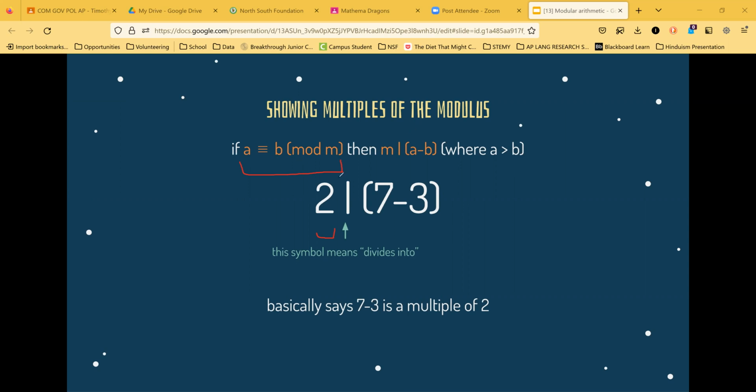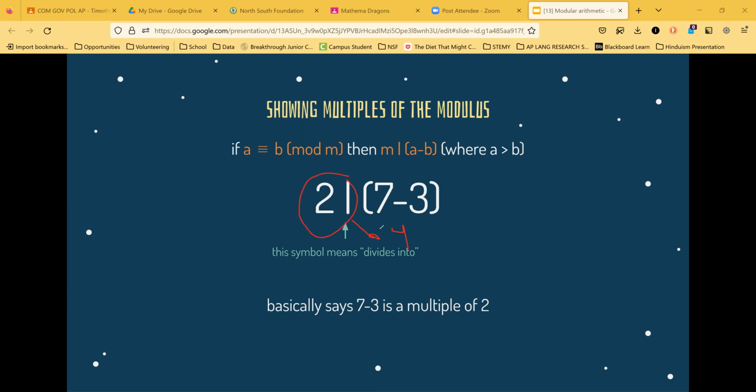Therefore, we know that 2, which is the number we are dividing by, the modulus, divides into the difference between these two numbers. It says that 7 minus 3, which is 4, is a multiple of 2, since 2 divides into 4.